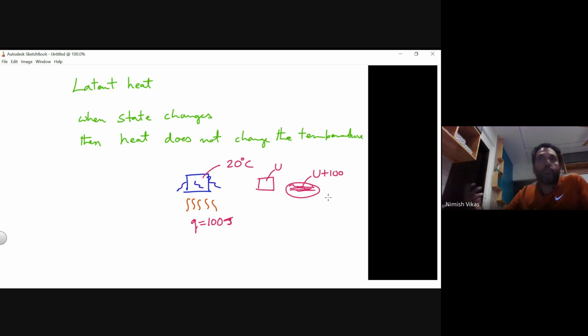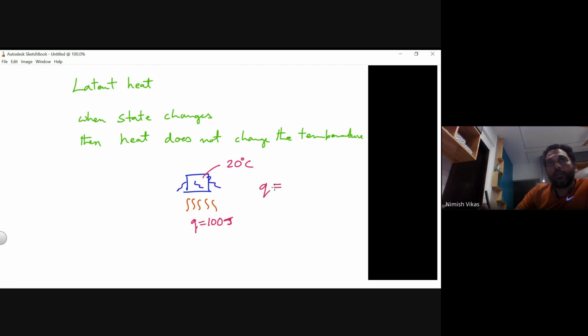So the molecules' movement, particularly the intermolecular bonding, has totally collapsed. Any which way, we are not going to the chemical level of what is happening. We are just saying that the heat given to the substance is going to change the state.